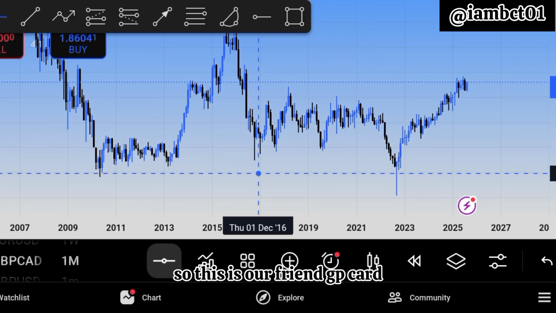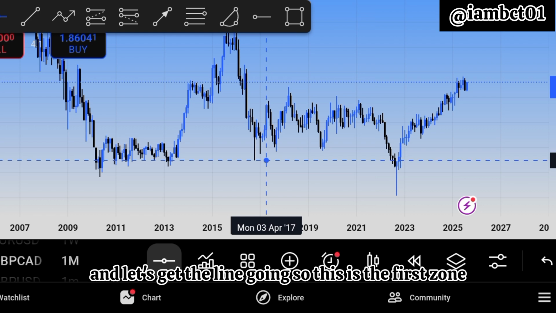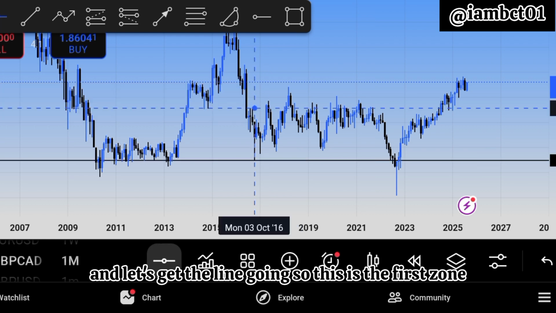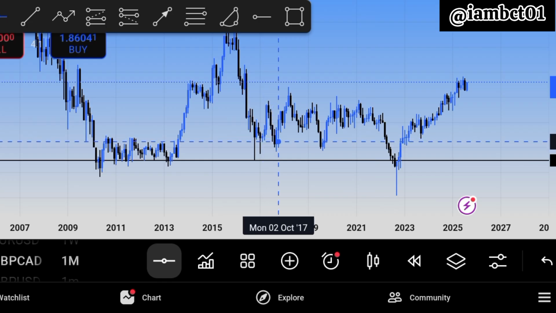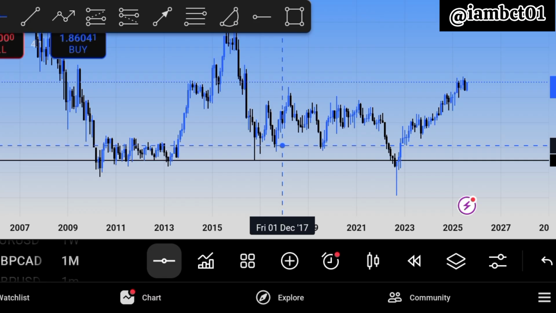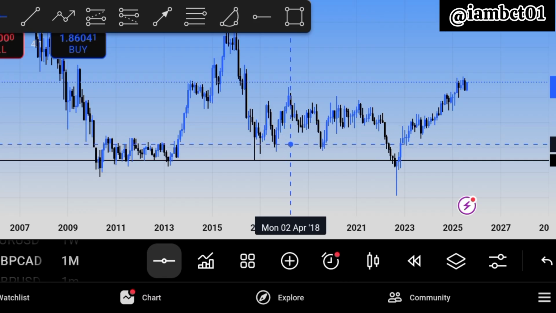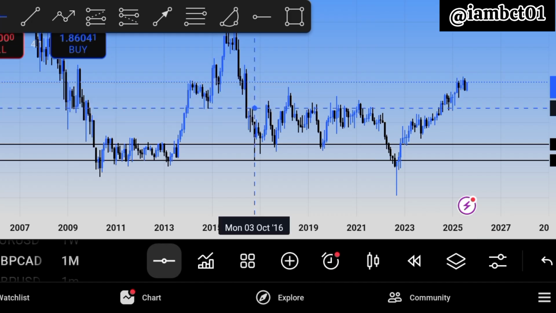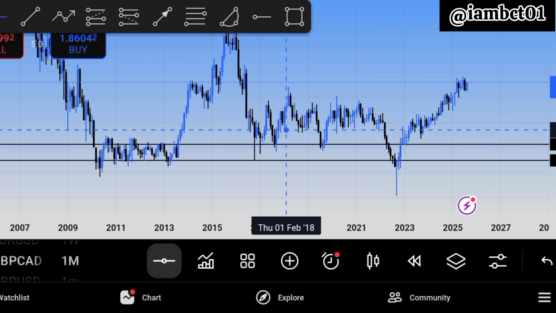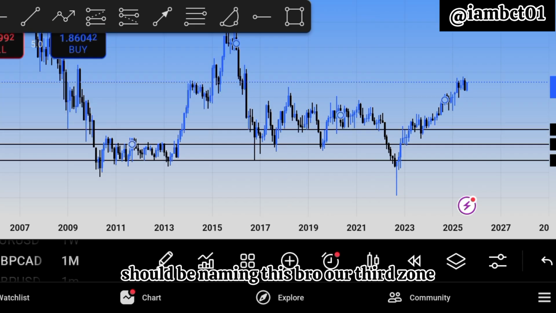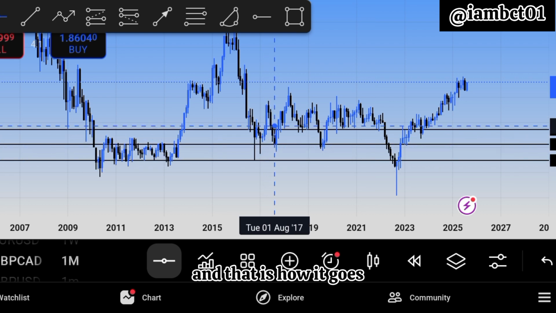So this is our friend GBPCAD, and let's get the lines going. So this is the first zone, and then we should call this our second zone, and then we should be naming this our third zone, and that is how it goes.